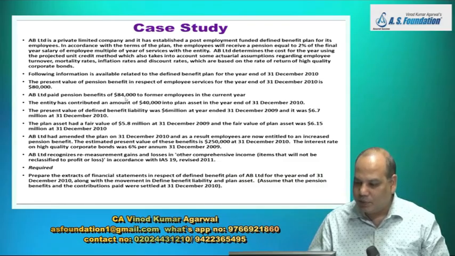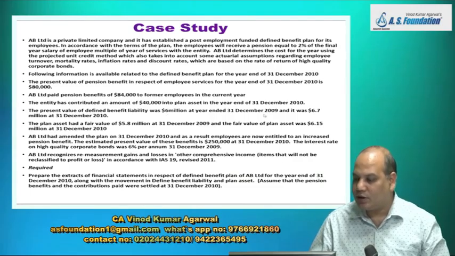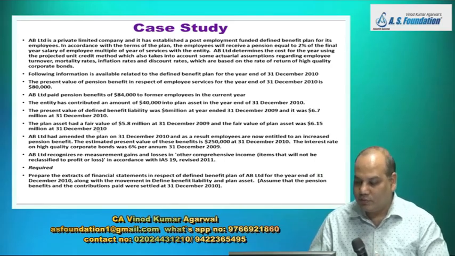AB Limited paid pension benefit of 84,000 to former employees in the current year. Entity has contributed $40,000 into plan asset. In the year end, the present value of defined benefit liability, now this is the balance sheet figure, was $6 million at the year ended 31st December 2009 and 6.7 million at 31st December 2010.